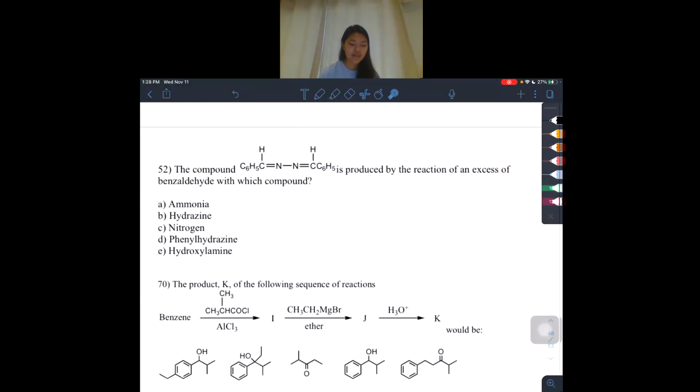We are talking about this reaction here. So basically it is saying that we produce this compound. And the way that we produce this compound is by reacting something with an excess of benzaldehyde. So please do remember what a benzaldehyde looks like.